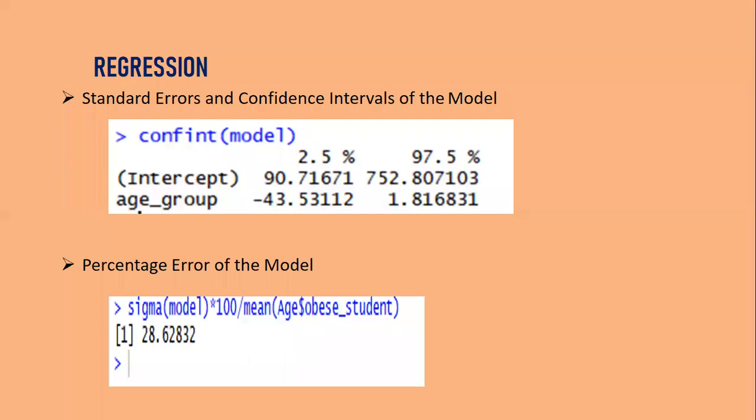The standard error and confidence interval of the model show that the lower limit of P1 is negative 43.53 and the upper limit is 1.82. There is a 95% chance that the interval between negative 43.53 and 1.82 will contain the true value of P1, which is negative 20.586.